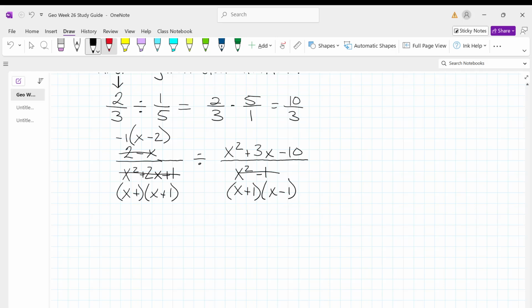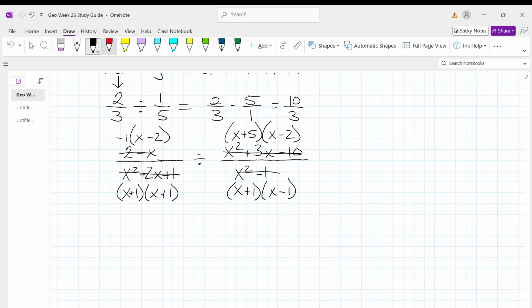And then x squared plus 3x minus 10 would be x plus 5 times x minus 2.